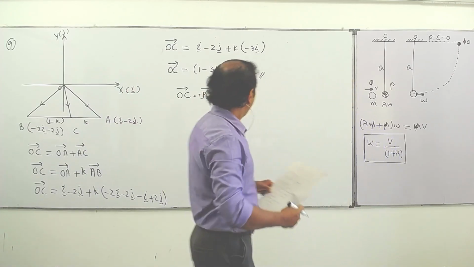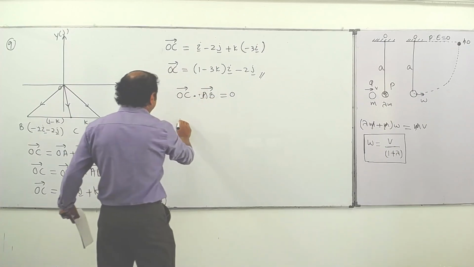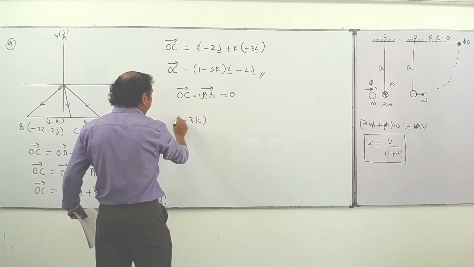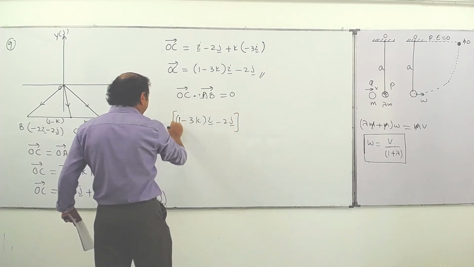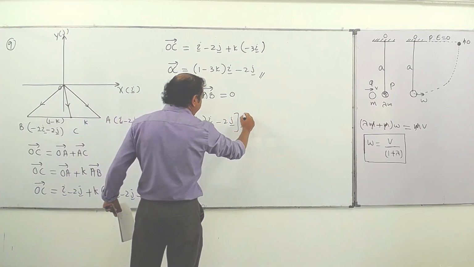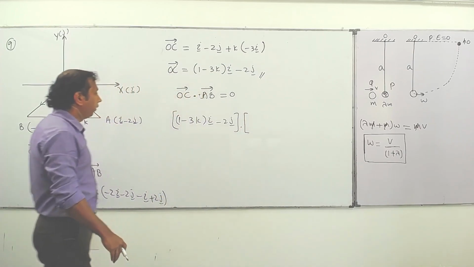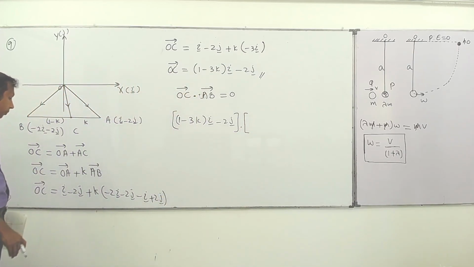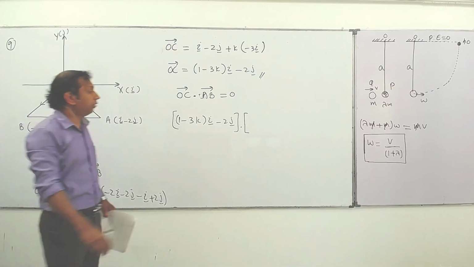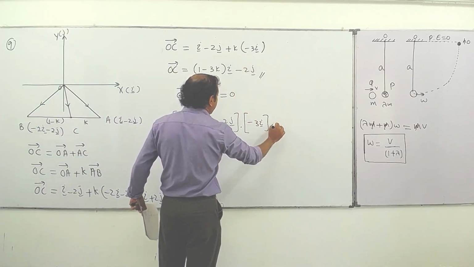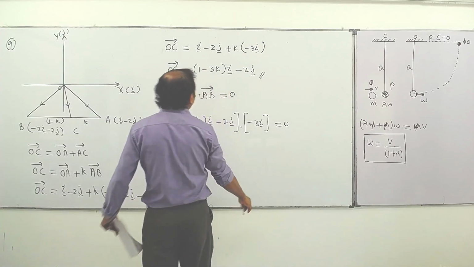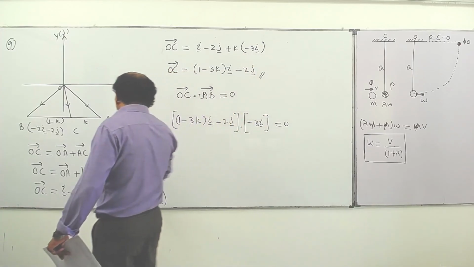Right, now the OC vector we just found, (1 minus 3k) i minus 2j, dot AB. AB means this vector, A to B vector. That means minus 3i here should be equal to 0. Correct, no? Minus 3i only we got for this AB.